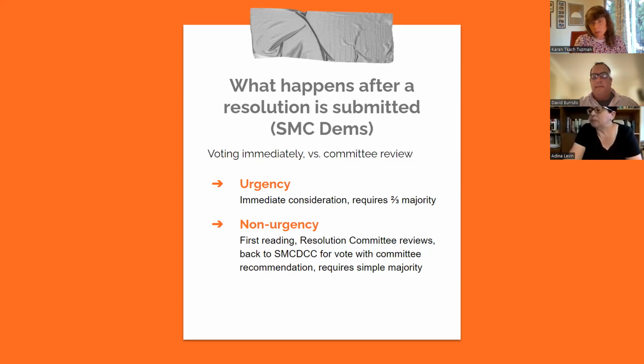Instead, the resolution committee, which is what David and I chair, will take that resolution, review it, make edits and suggestions, and then among ourselves come up with a recommendation, generally either we recommend voting yes on it, we recommend voting no on it, or we have no recommendation. Sometimes it can be that we would recommend it only with certain changes, but usually we incorporate the changes into our draft of it.